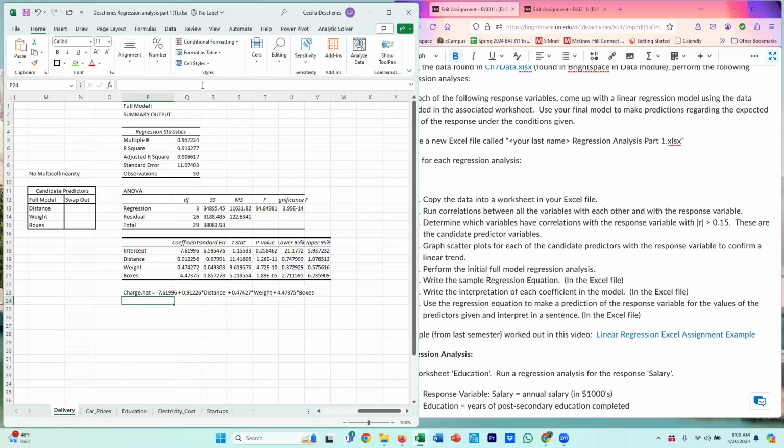That's a regression equation. And we're going to want to write the interpretation of each of the coefficients. So let's go ahead and grab those.